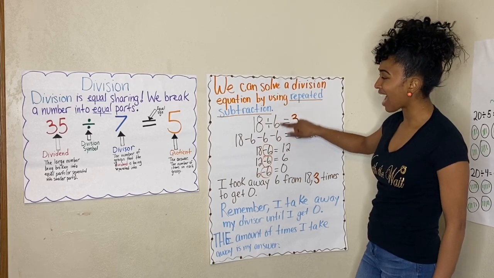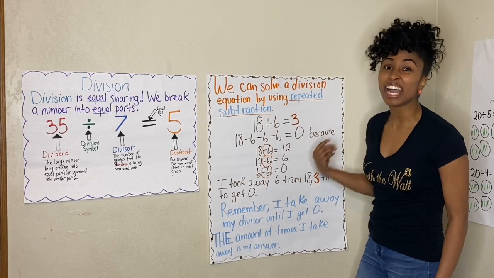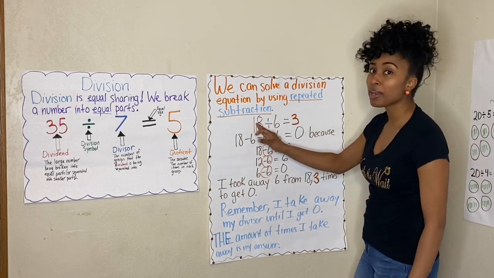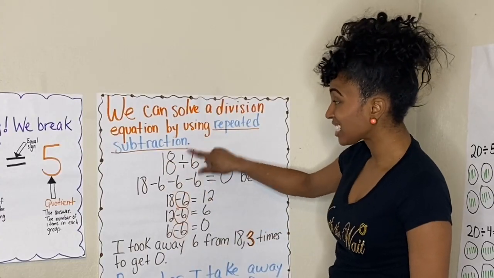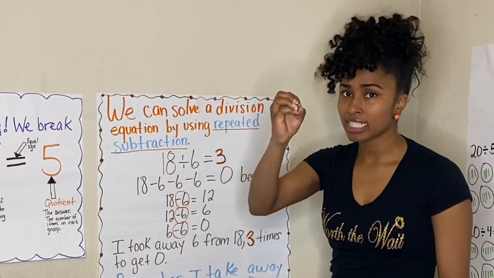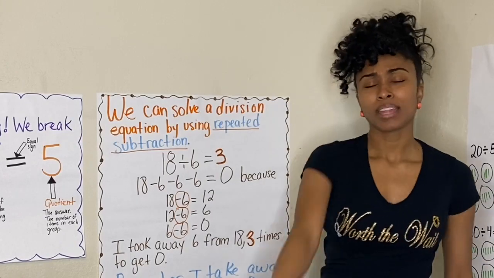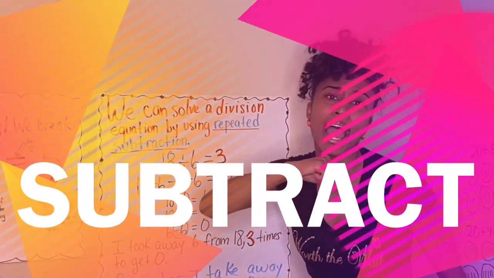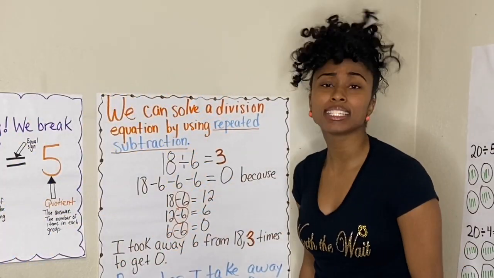I'm going to subtract 6 until I reach 0. Here's my bigger number, but I'm going to subtract 6, my divisor, until I get 0. Say subtract until I get 0.